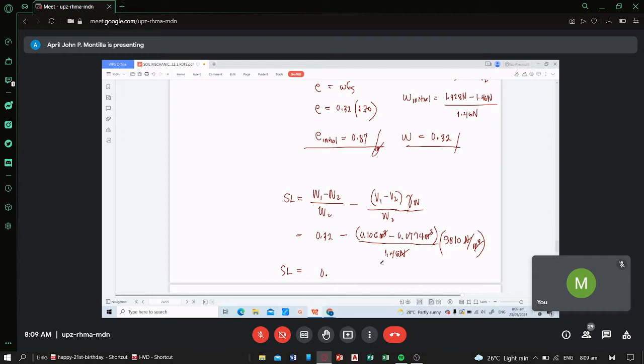Wala lang akong calcu. 9.81. Mukha newtons kasi ito eh. Mali kaya to.